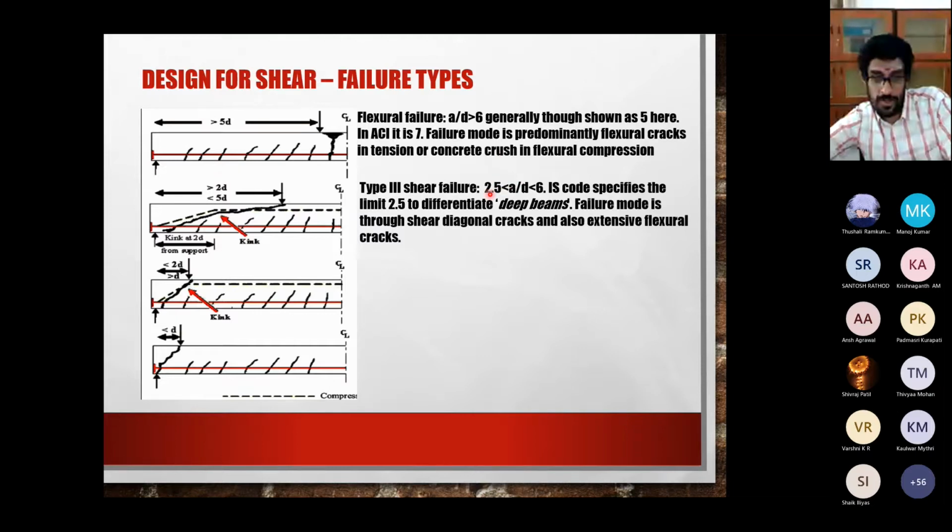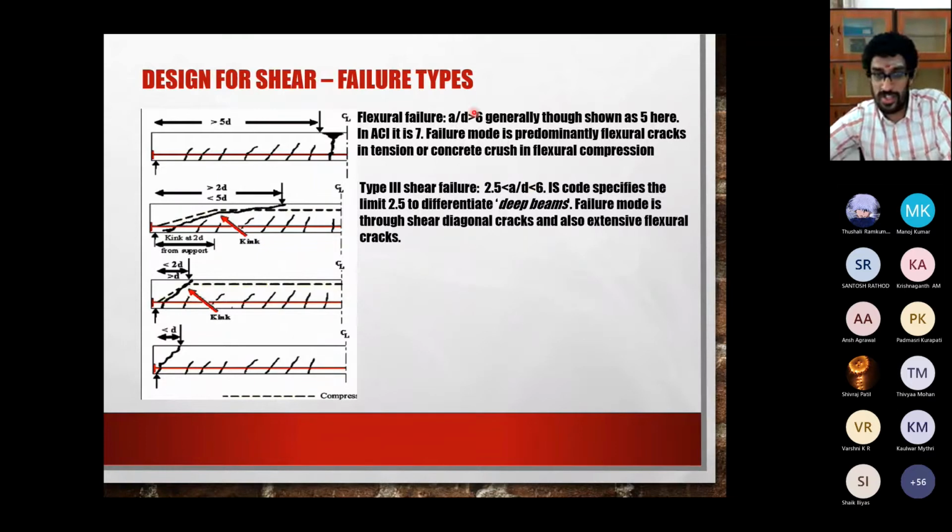So if it is between 2.5 and 6, okay, then this beam will have some shear diagonal cracks, and at the same time it will also have a significant amount of flexural cracks as well. So it is still a flexural failure, but shear also starts to influence the strength of the particular beam when a by d is between 2.5 and 6.